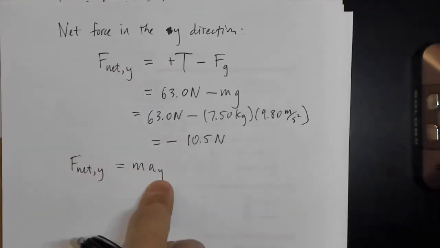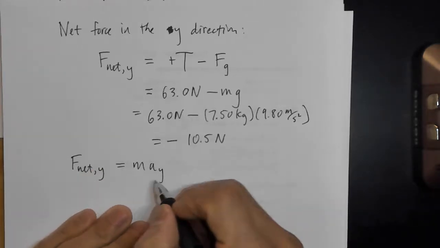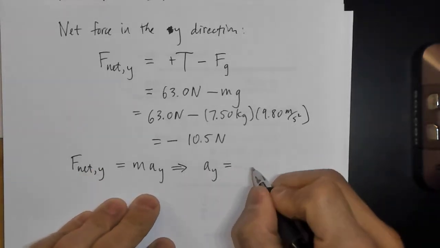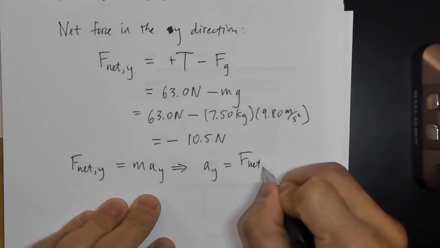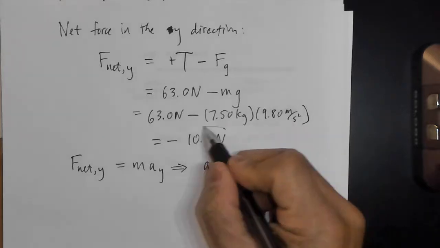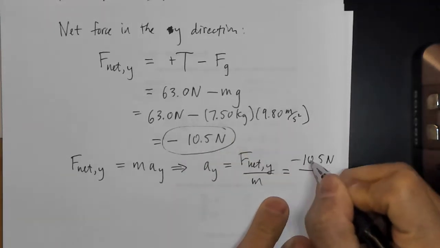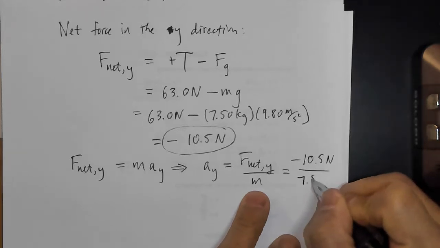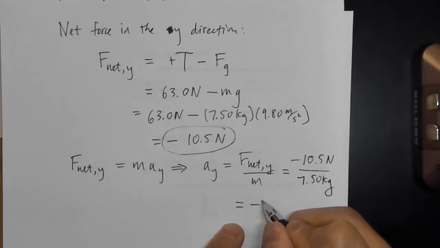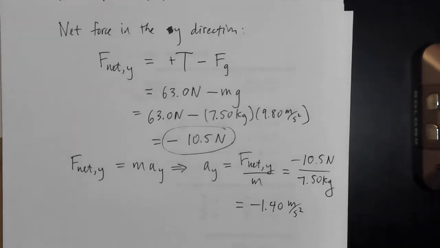We're just focusing on the y component here. So I can get ay, because that's what I want to know. It's going to be F net y component divided by m. Divide by the mass, 7.5 kilograms, and that comes out to minus 1.4 meters per second squared.